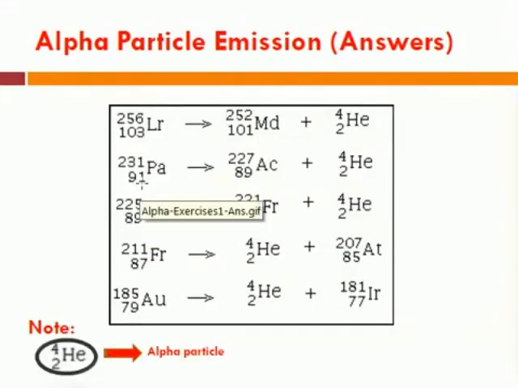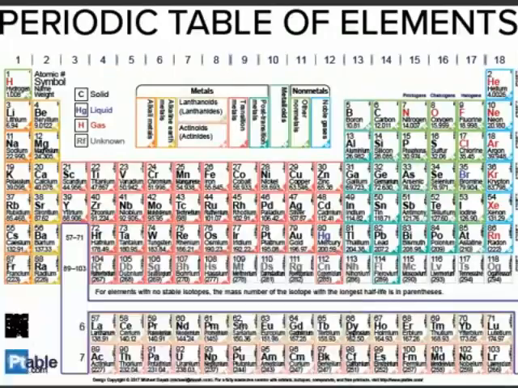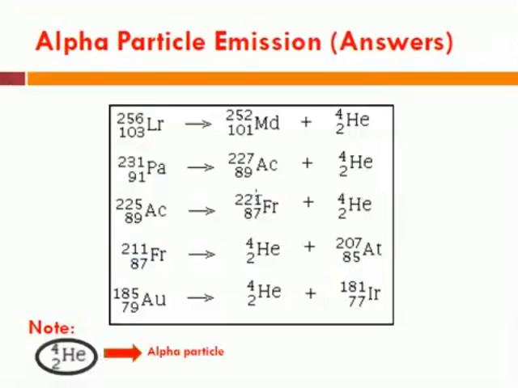For number 2, we have 4 minus 231, so that is 227. 2 minus 91, so we have 89 here. So the element with atomic number of 89, so this one, actinium. So that is the answer for number 2.